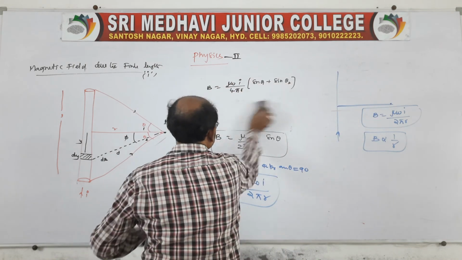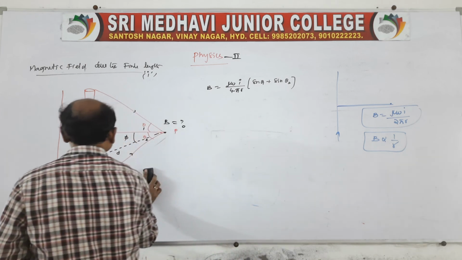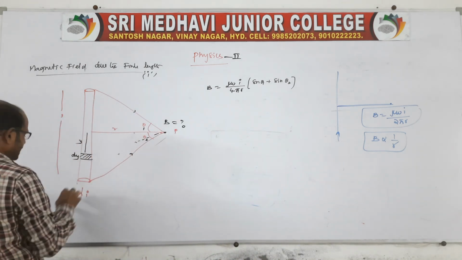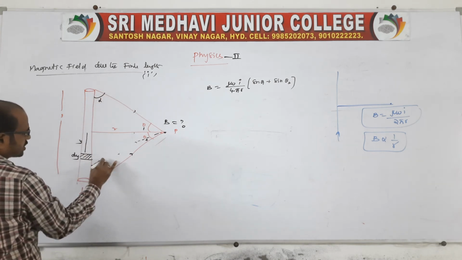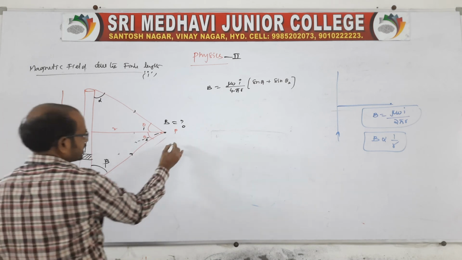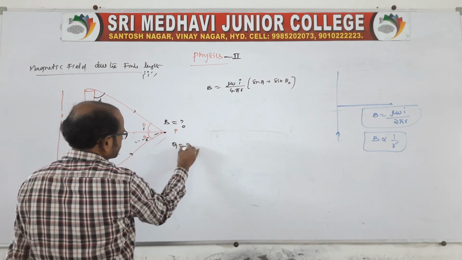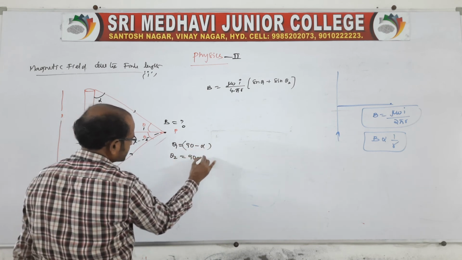Suppose on the basis of this only, you take the same diagram. Suppose this end is making an angle alpha and this end is making an angle beta. So here theta 1 is equal to 90 minus alpha and theta 2 is equal to 90 minus beta.